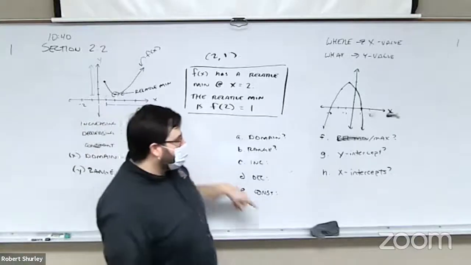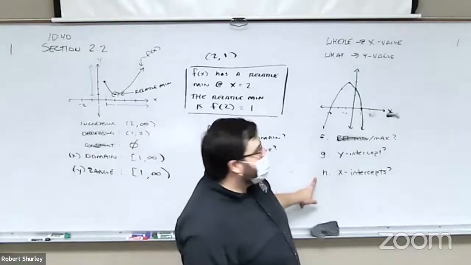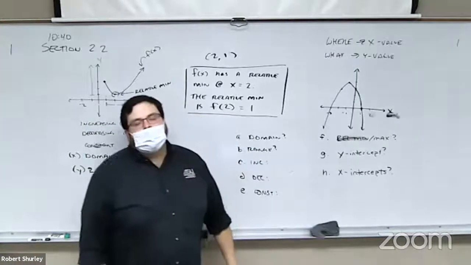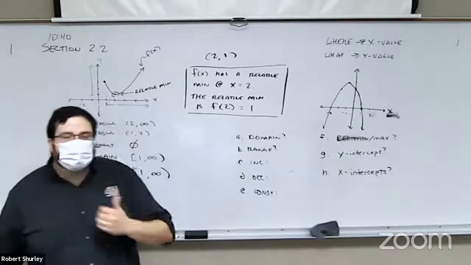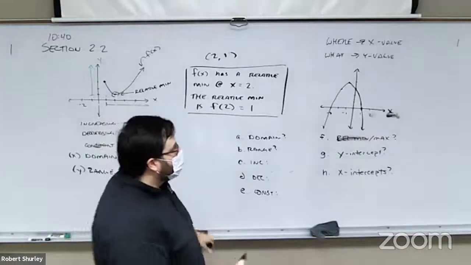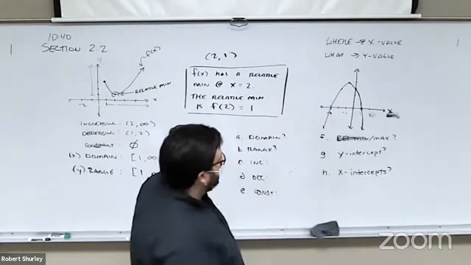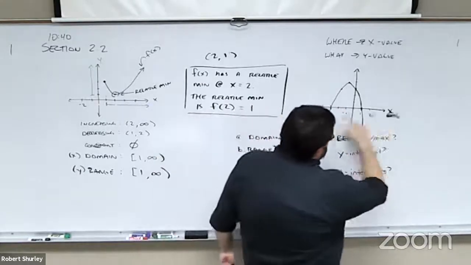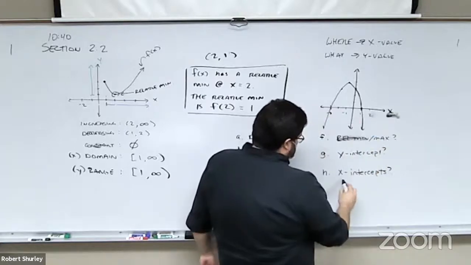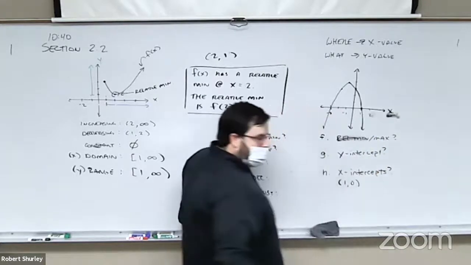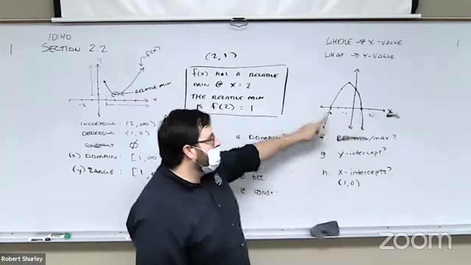Okay, let's go over this. I'm going to start at the end, actually, the x-intercepts and y-intercepts. For x-intercepts and y-intercepts, we're going to write these as coordinates. This crosses the line at two different places. The x-axis at (1, 0), right? And then at (-3, 0).